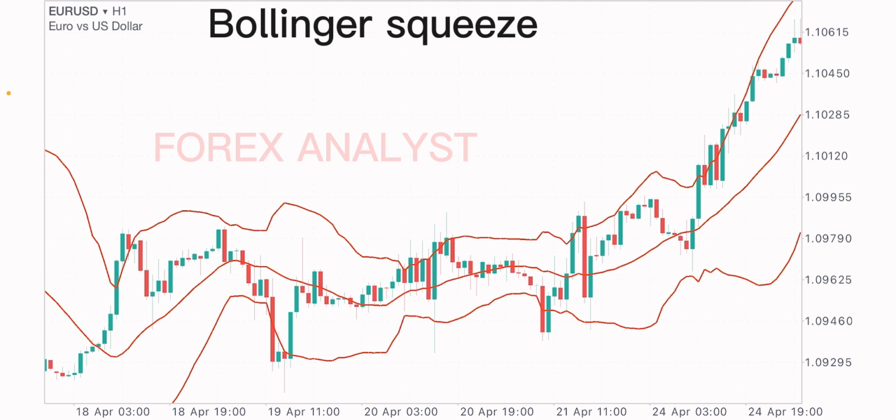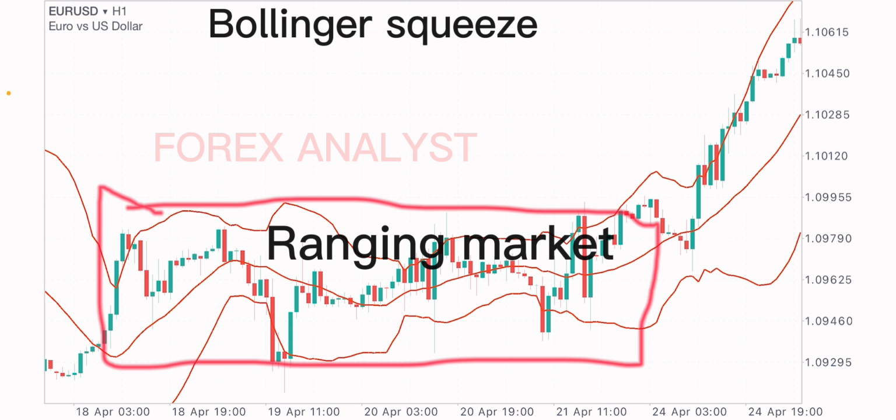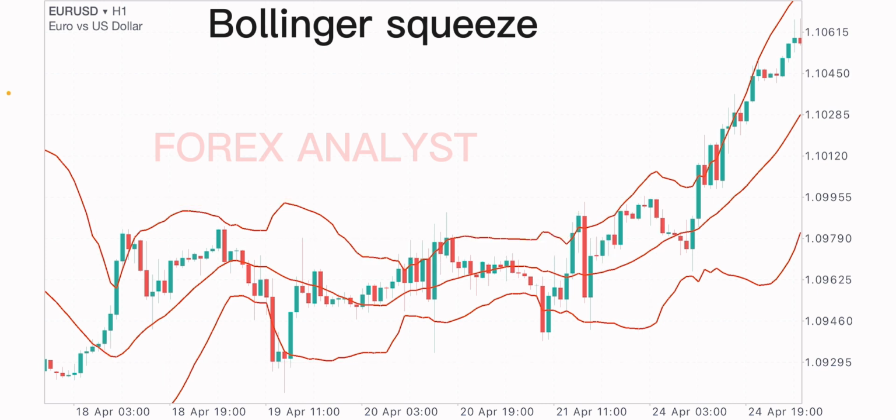In a ranging market, the candlesticks contract and come close to each other, and in a trending market the candlesticks expand and move away from each other. So this is a ranging market here. Once you see a ranging market and you want to trade the breakout, the breakout is a long directional movement of the candlesticks, either up or down, after every ranging market.